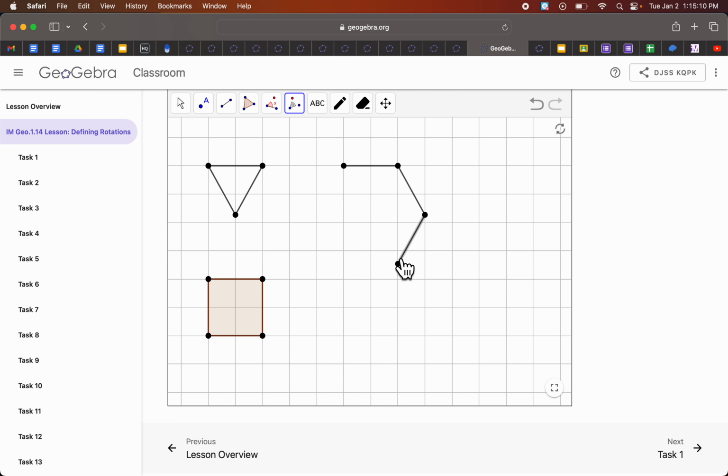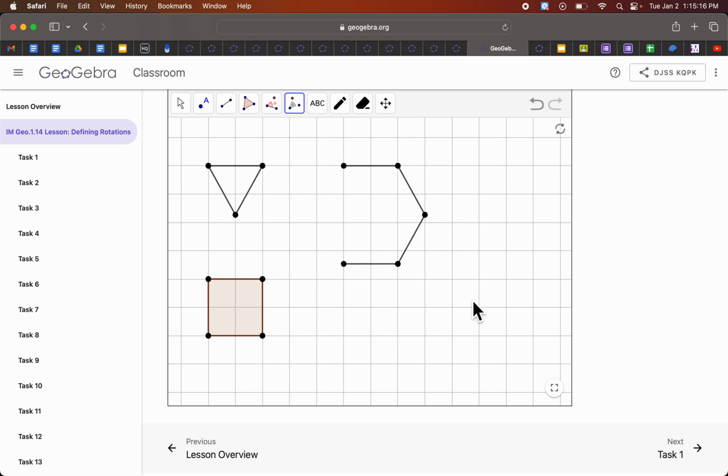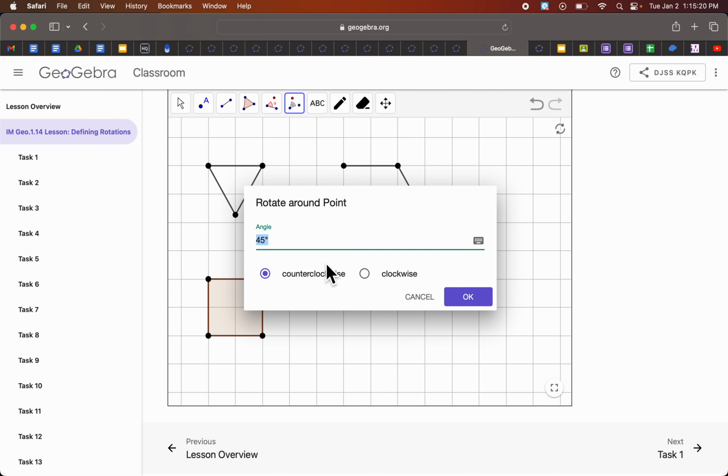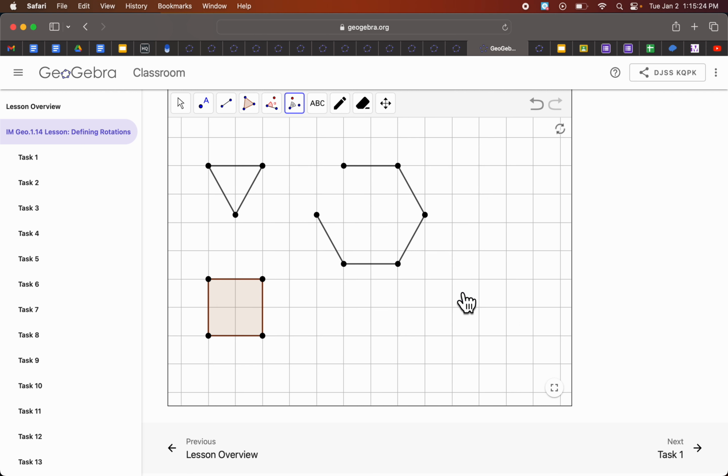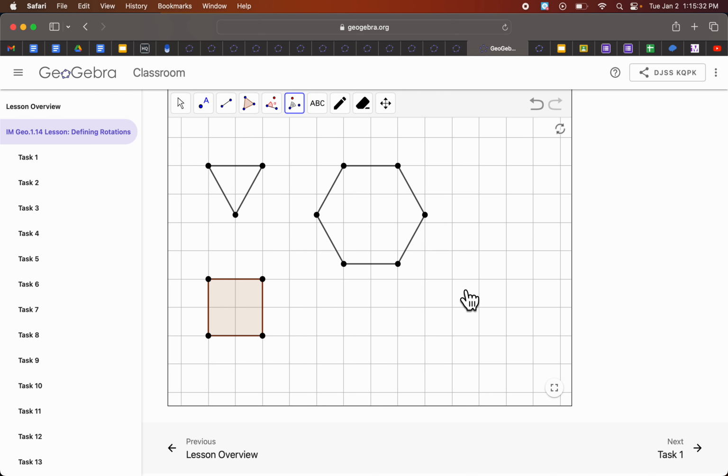And we're going to rotate around this point, 120. And around this point, 120. And around this point, 120. Boom. All right, cool.